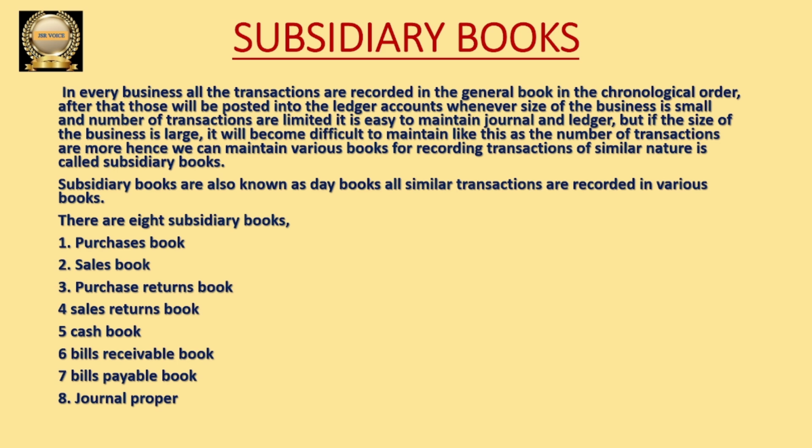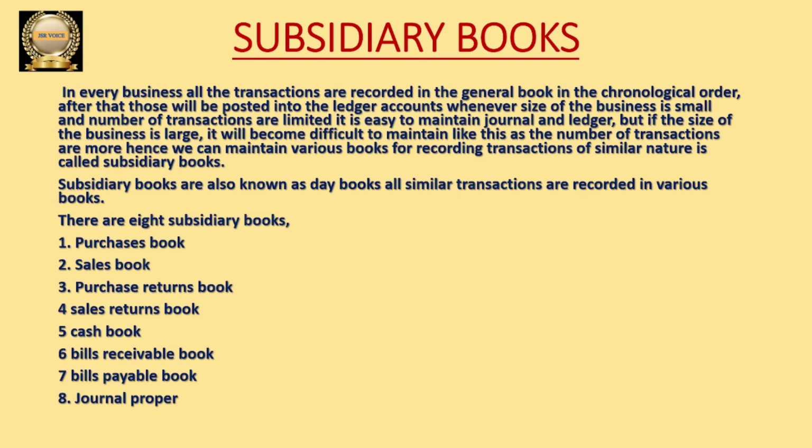To avoid that risk, we can maintain the subsidiary books. That is the use of subsidiary books in accounting. Big business organizations have to maintain these to avoid confusion and waste of time.